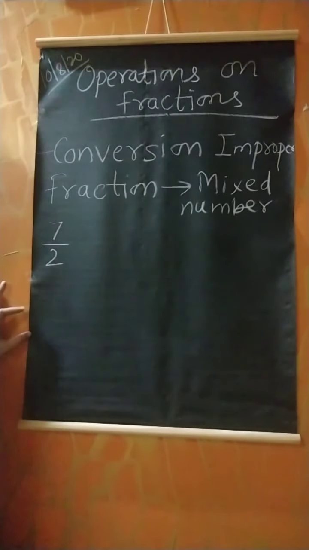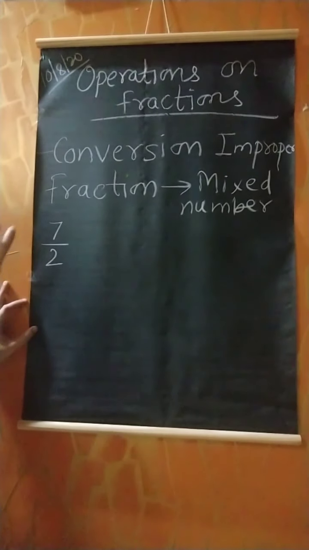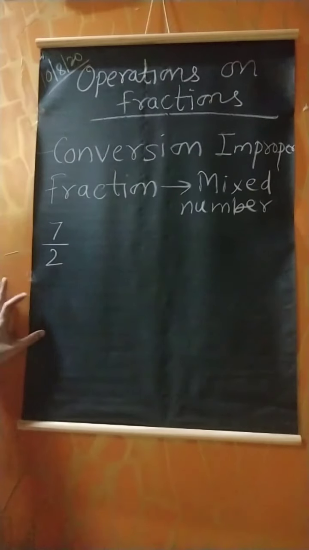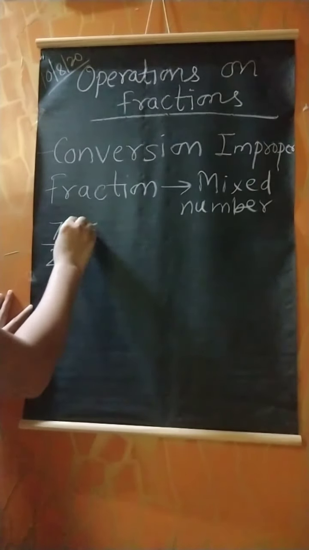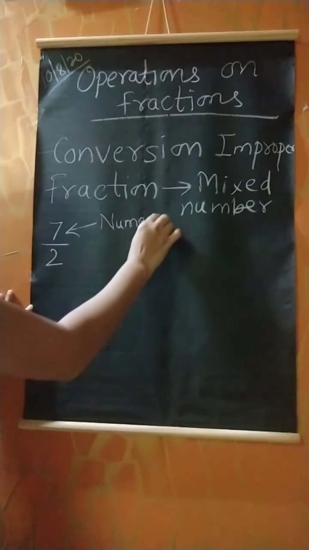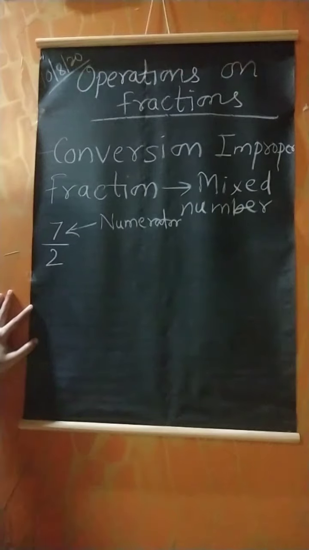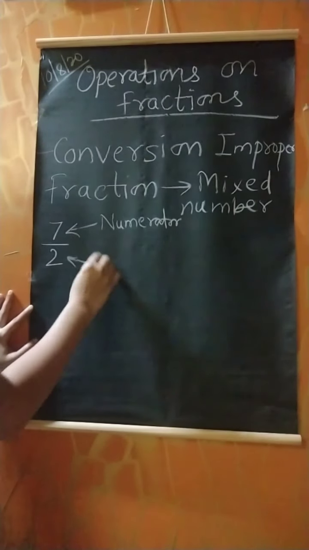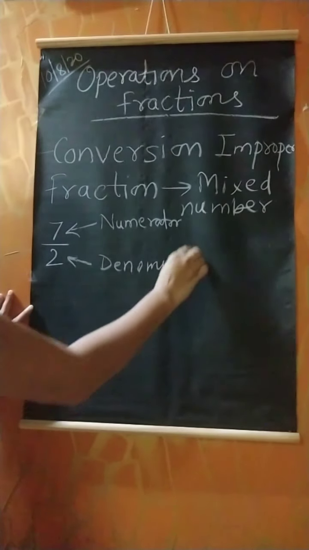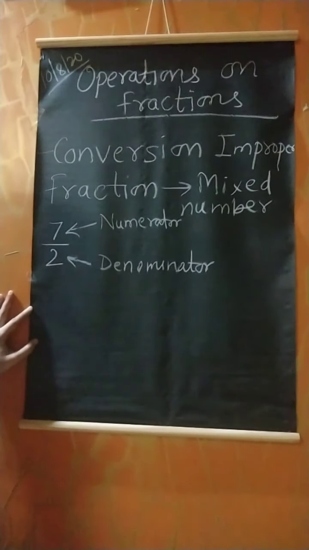is an improper fraction. Now whenever you are doing anything on fractions, you just remember that this part is called the numerator, and this part is called the denominator.